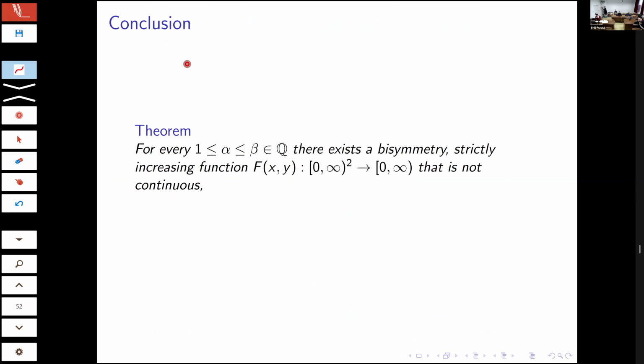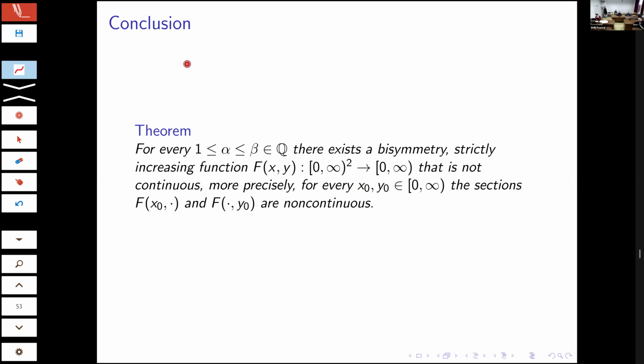Okay, so the theorem we get is the following. For every rational alpha and beta, there exists a bisymmetric strictly increasing function that is not continuous. More precisely, for every x0 and y0, it is not continuous. Again, I put this notation remark here.